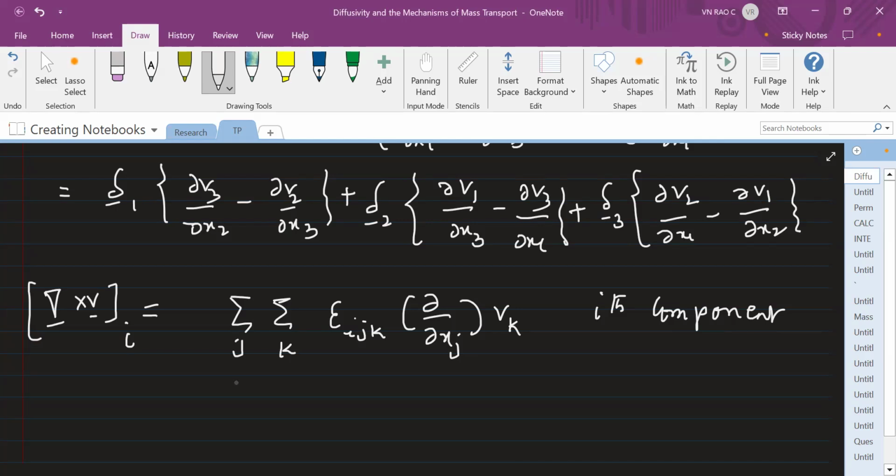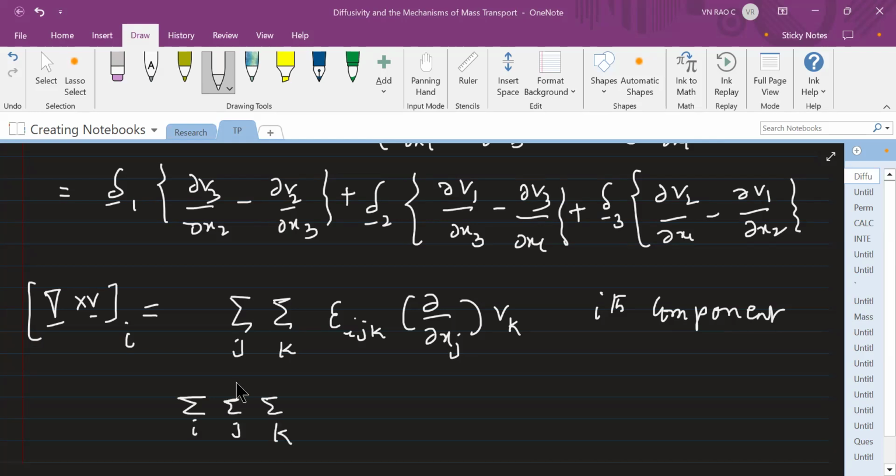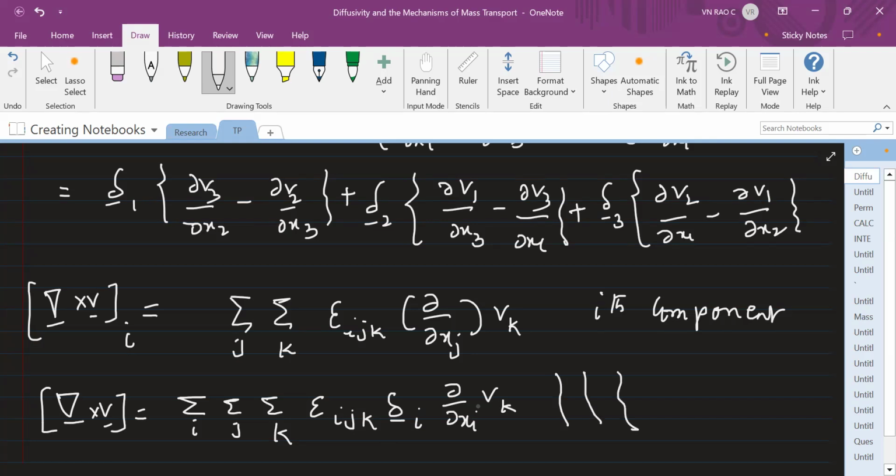Totally what we can write: if I'm writing sigma i, sigma j, sigma k, we write it as epsilon i j k delta i dou by dou x i.